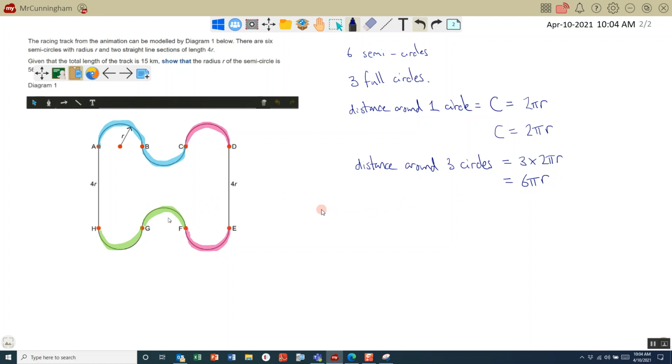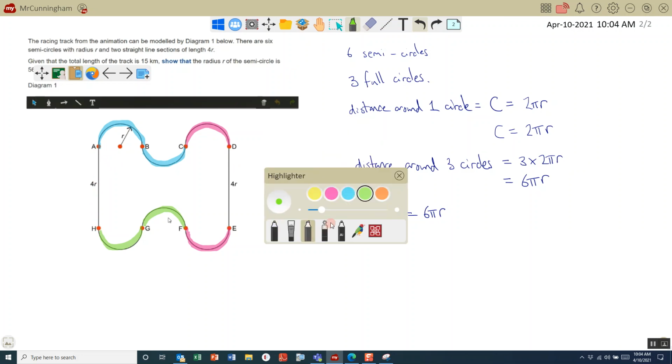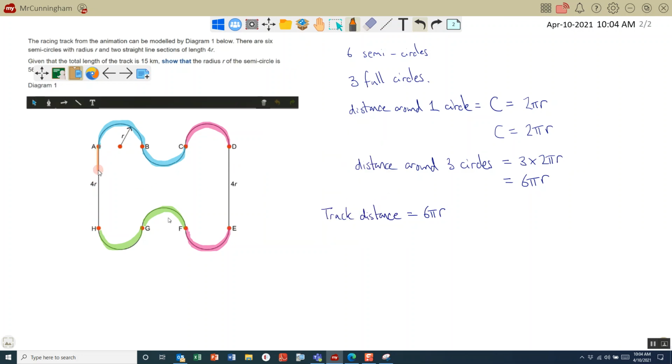Now the total distance around the track is going to be the distance around the circles, 6 pi r, but I've also got 4r for this length and 4r for this length.